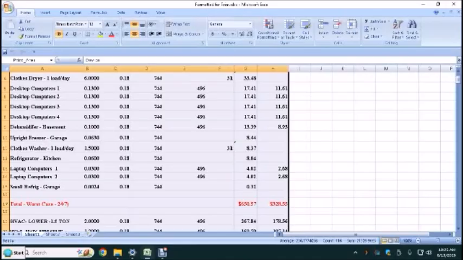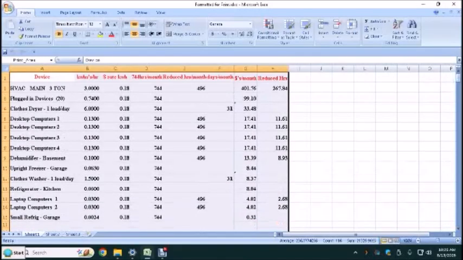Okay, then I go, well, if I just reduce my consumption to 8 hours a day, or stick to one load of clothes or one load of dryer a day, then I have a base minimum. And a major expense is plugged-in devices, which is going to be $100 a month. That startled me.